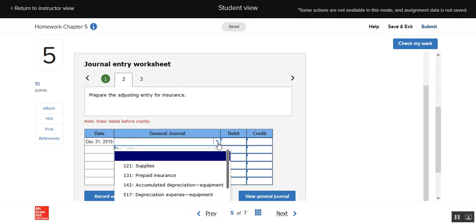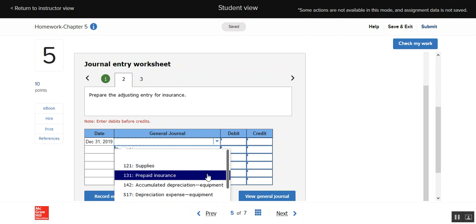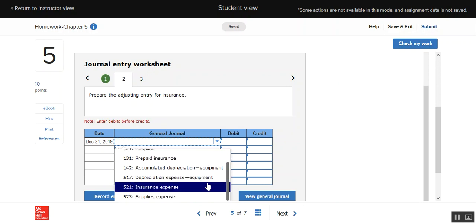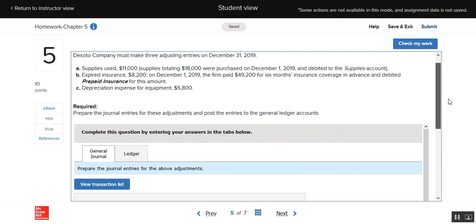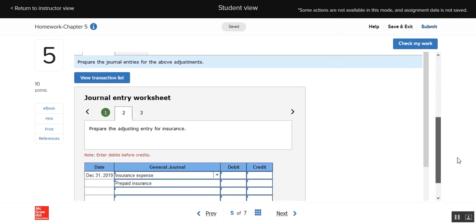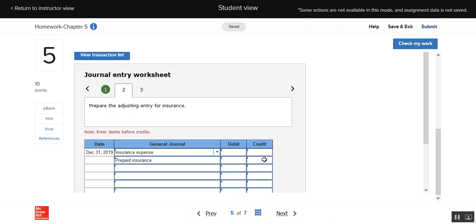We're going to change that asset into an expense. So instead of prepaid insurance, we should have an insurance expense. And I already forgot how much. $8,200 is what we've used. So we're taking $8,200 out of the asset, putting it into an expense account.